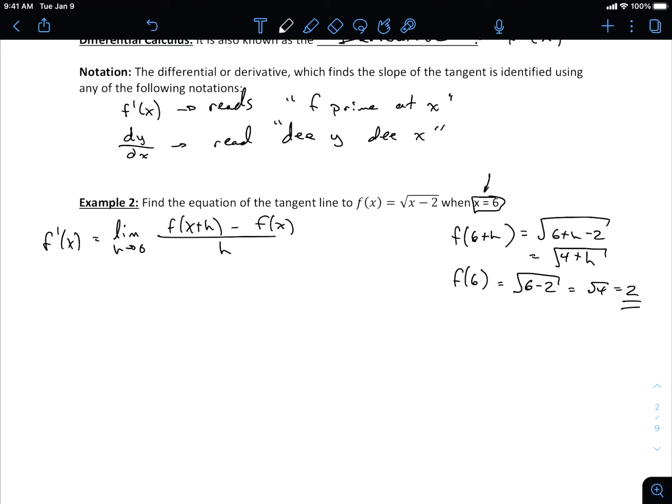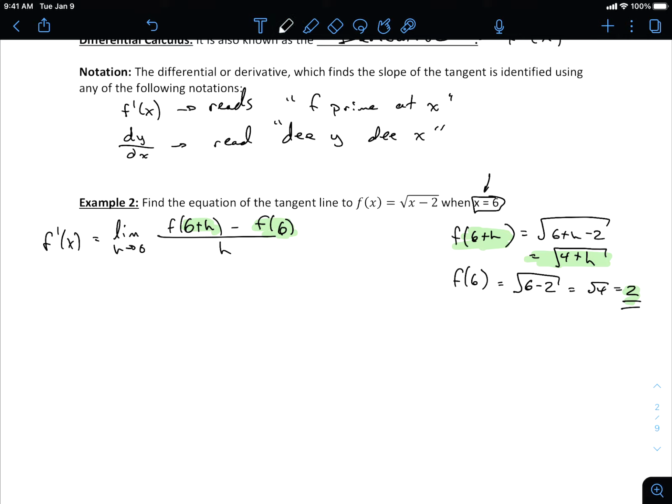If I replace the x's in the question with the 6, and you know f of 6 is 2, this makes the first principles law a little bit easier to manage.